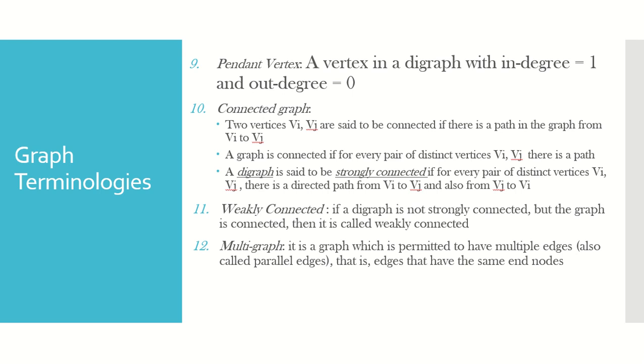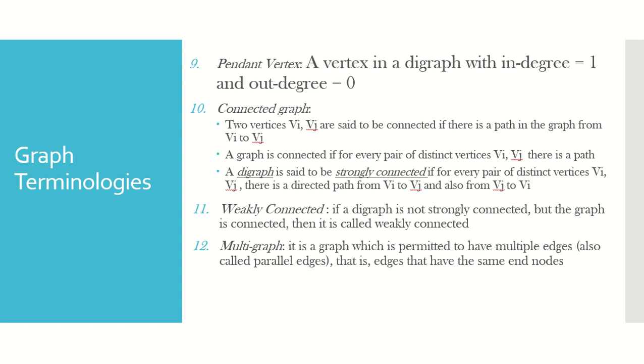So, how can you use the same terminology in the case of a graph? This is a peculiarity only available in the case of a digraph. You don't have a pendant vertex in the case of an undirected graph.